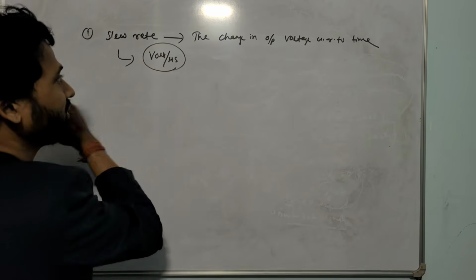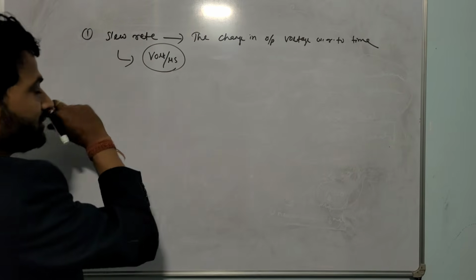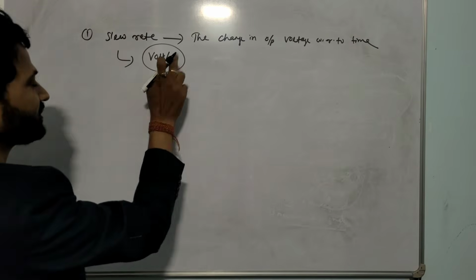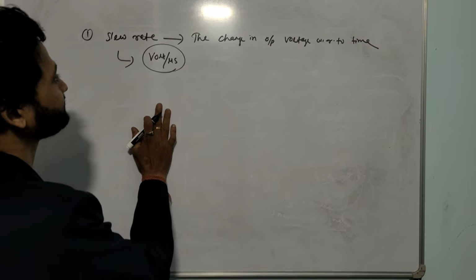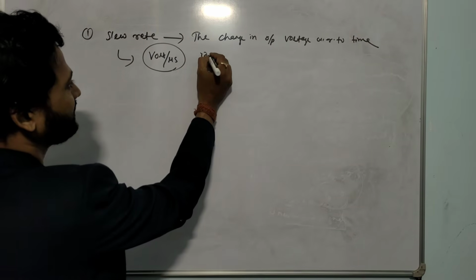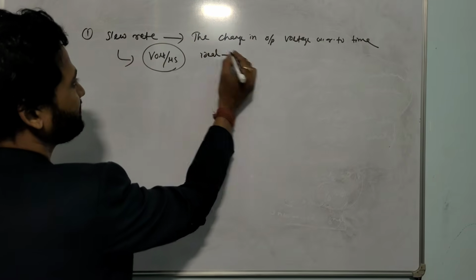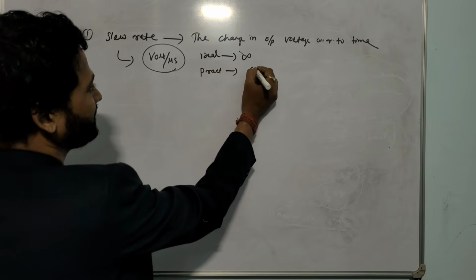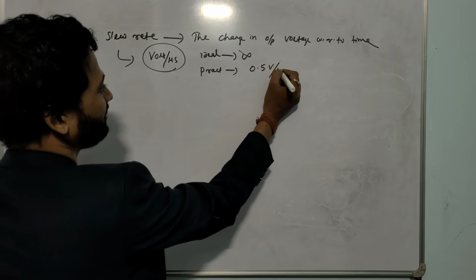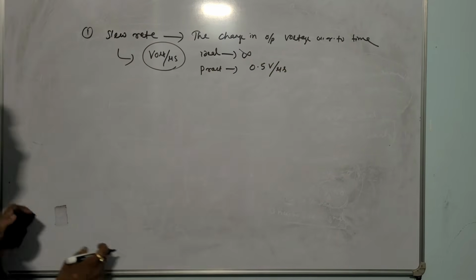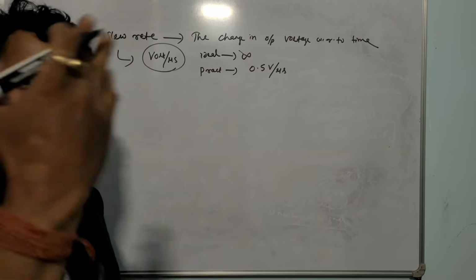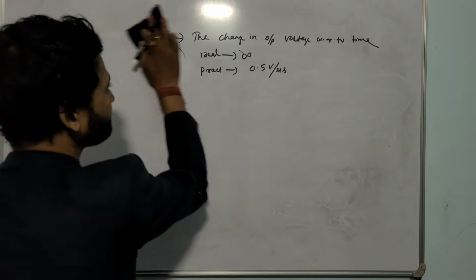Usually we take volt per microsecond, मतलब the change in output voltage with respect to time, ठीक है। So ideal OPAMP में the slew rate is infinite, but practical OPAMP में usually that value is 0.5 volt per microsecond. I think it is clear. Slew rate क्या है, very simple, the voltage changes with respect to time.